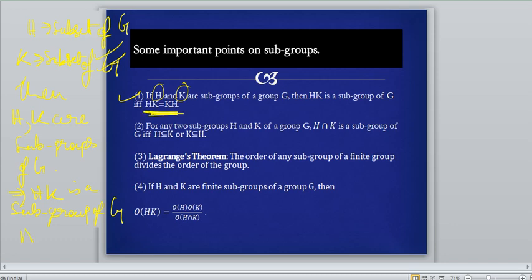What is the condition? HK is equal to KH. When this condition is satisfied, then HK is a subgroup.